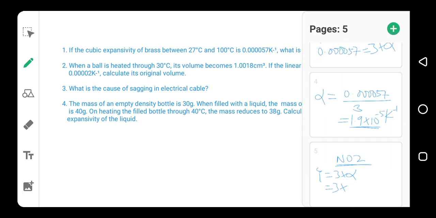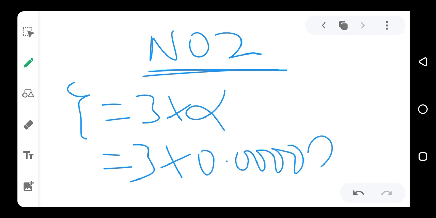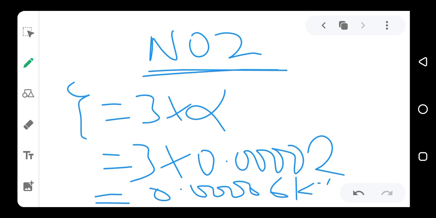So we have 3 times 0.00002, and this is going to give us 0.00006 per Kelvin. This is now the cubic expansivity.